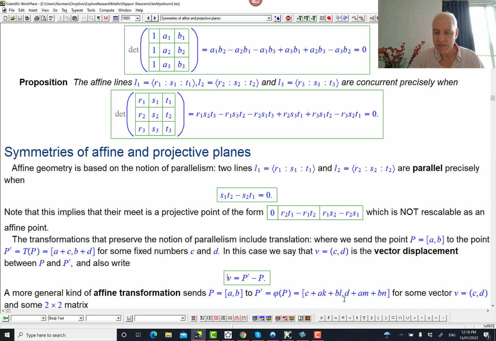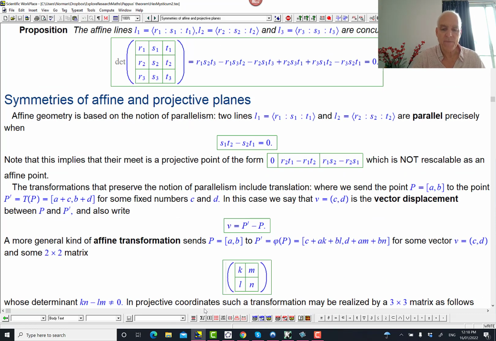But now there are expressions in A and B. So we have AK plus BL and AM plus BN for some vector V equals (C, D) and some 2 by 2 matrix K, M, L, and N. So this general affine transformation is a combination of a linear transformation embodied by this 2 by 2 matrix and a translation by the vector V. And to be a proper sort of affine transformation, an element of the group of affine transformations, we want this to be invertible, and that amounts to the condition that the determinant of this matrix be non-zero, so often that's included as a condition.